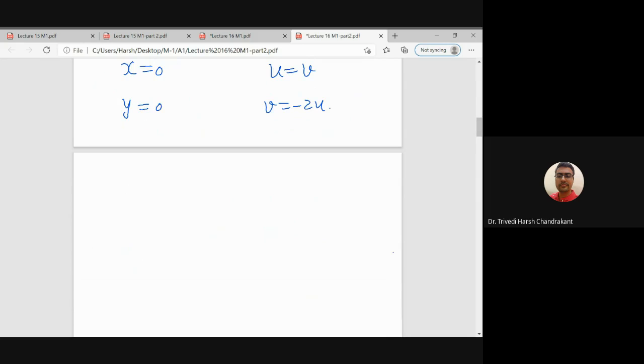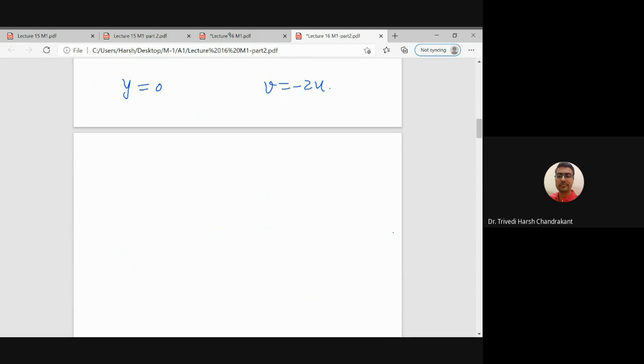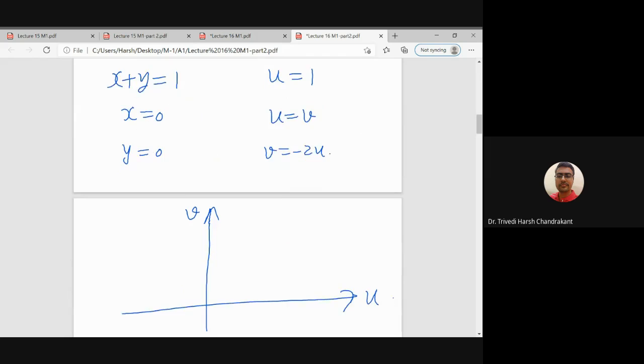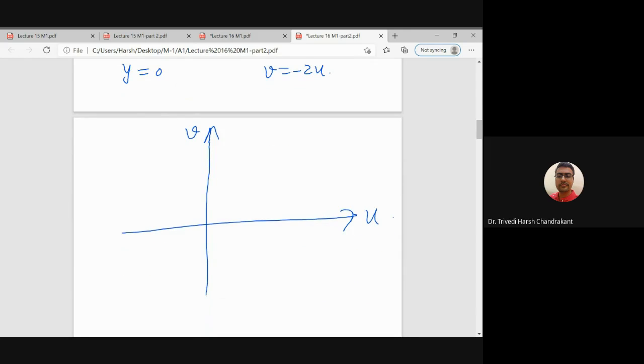So let us draw the given region. This is our u axis, this is the v axis. What are the lines? Lines are u equals 1, u equals v. This is our line u equals 1. Then the x equals y line, that is u equals v.